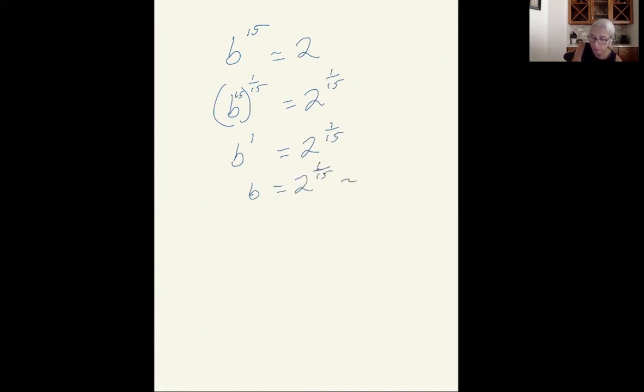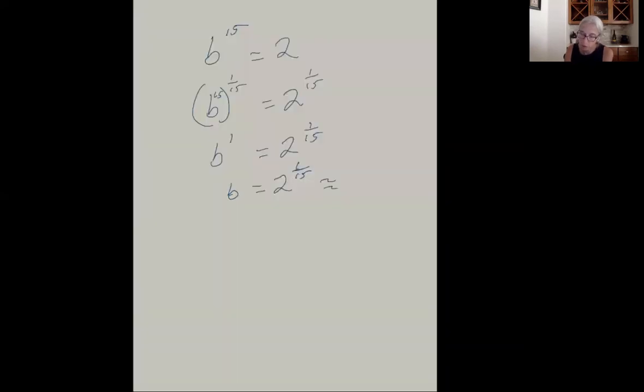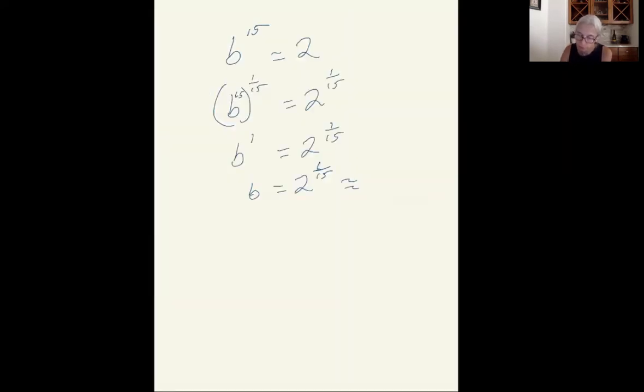All right, let's see what that approximates to. And so I'll pull up Desmos for that. And if I take 2 and raise that to the 1/15th power, I find that that is approximately then equal to 1.0473.